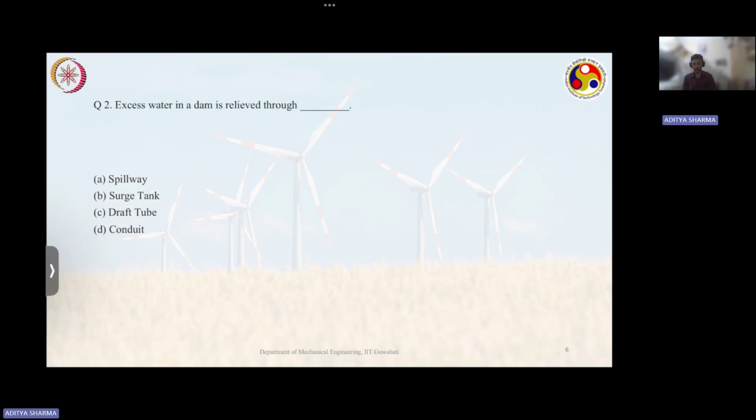Elements of a hydroelectric power plant have been given. Out of these elements, the excess water is relieved through which element?